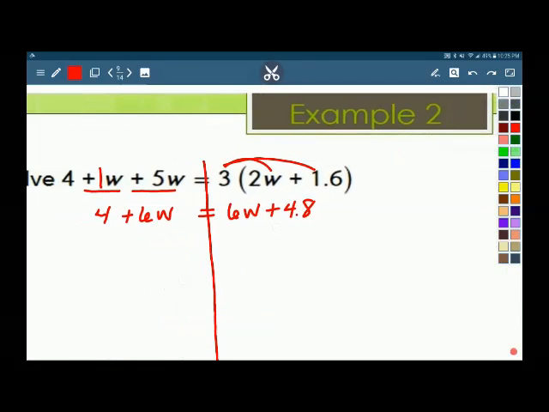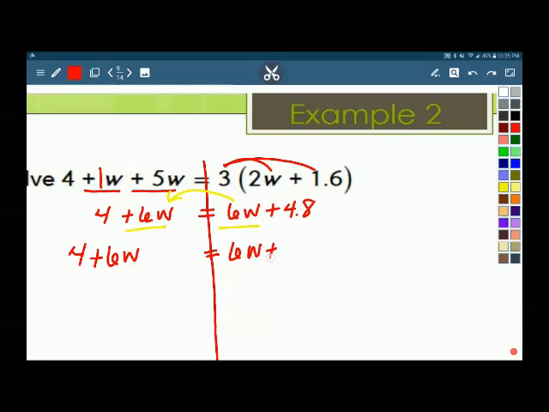Okay, so now each of my equation's sides are simple. And I need to move the variables to be on the same side. I do see a 6W here and a 6W here. Again, they're both equal, so I'm just going to move this one over to that side. Start by scooting everything on the left over.